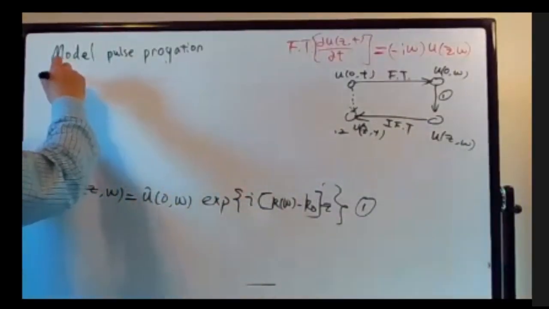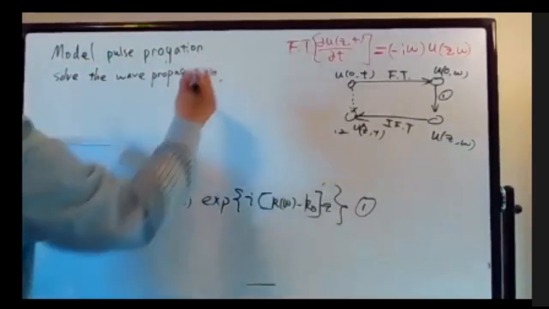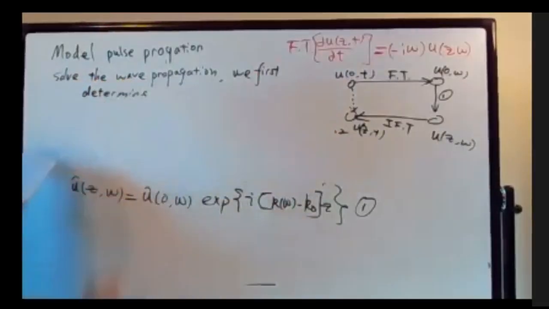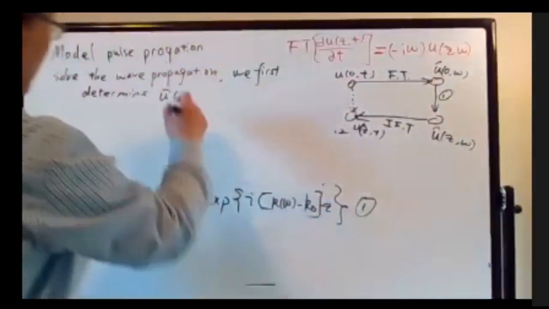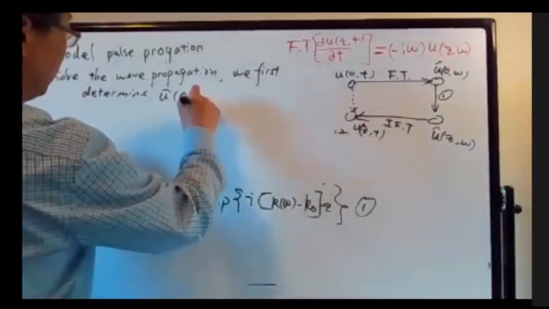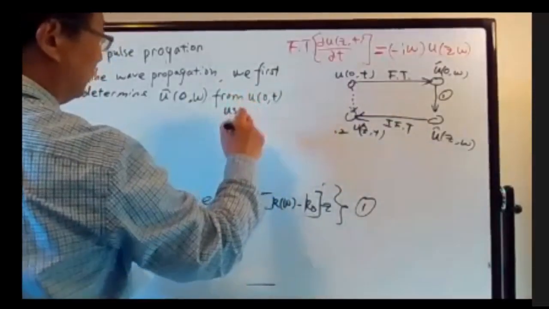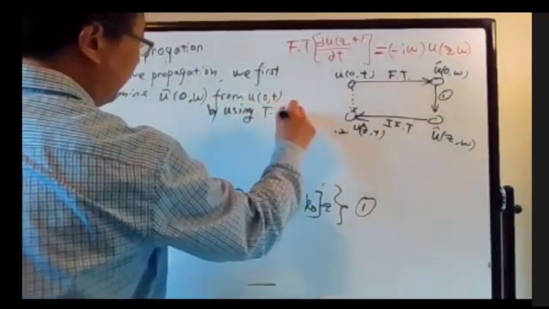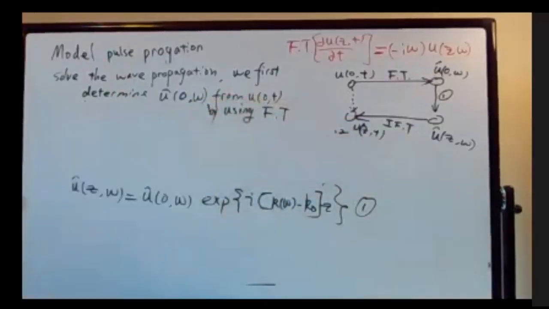To solve the wave propagation, we first determine U hat 0 omega from U0t by using the Fourier transform. So we first use the Fourier transform to determine U hat 0 omega from U0t.